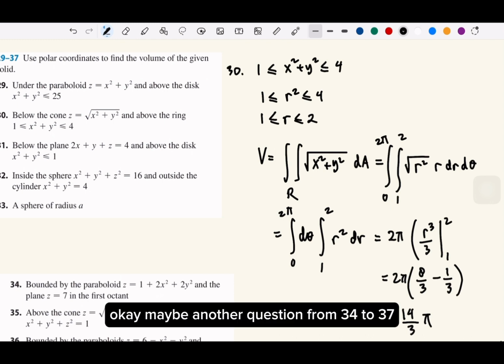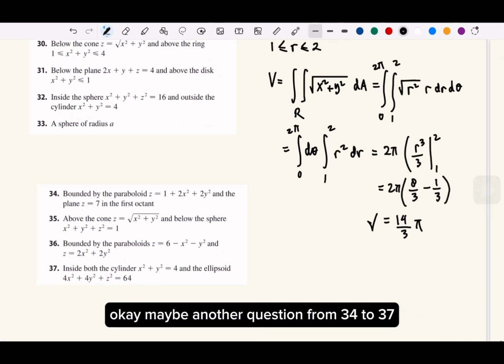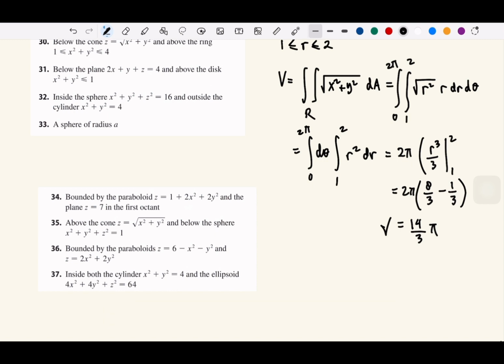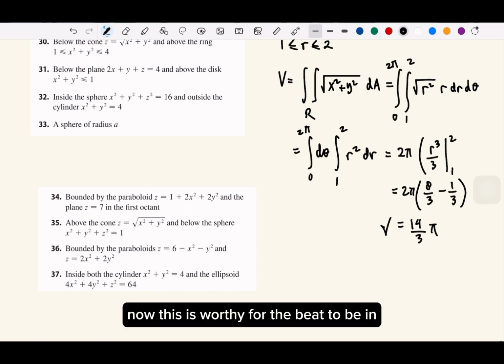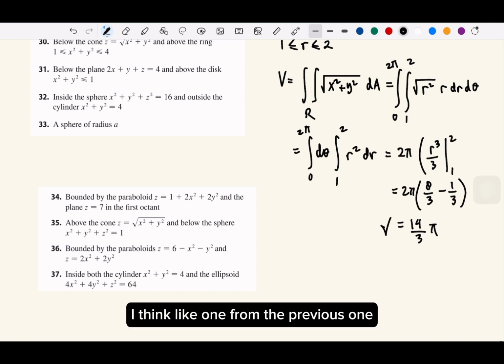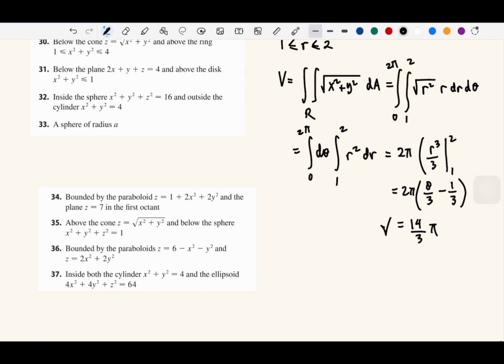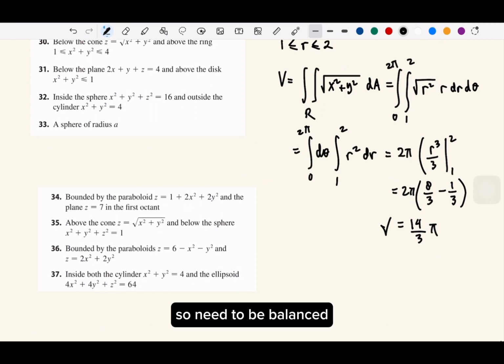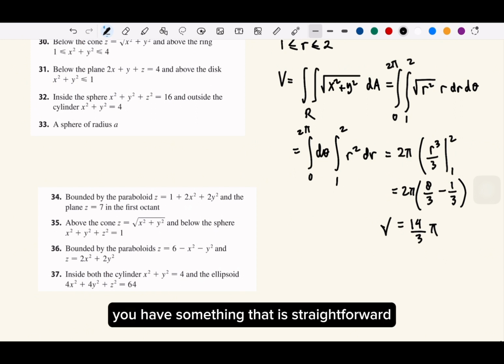Okay, maybe another question from 34 to 37. Which one? No, this is worthy to be in the exam. I think one from the previous one and one from this. So it needs to be balanced. You have something that is straightforward, and you need something with good analytical skills.